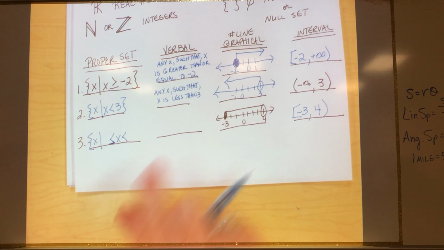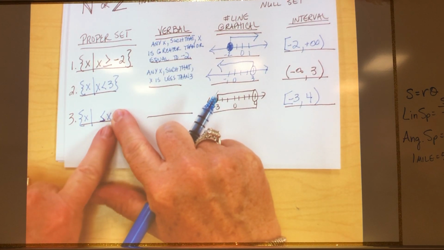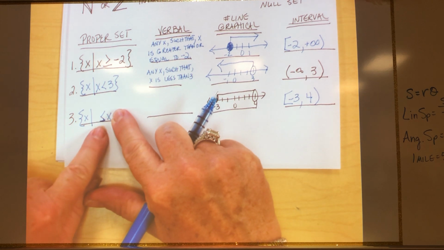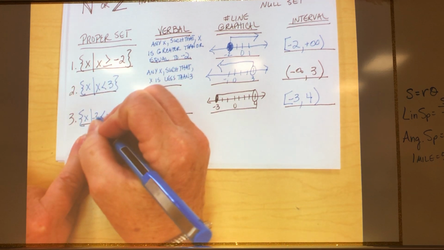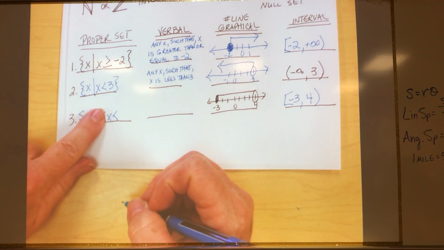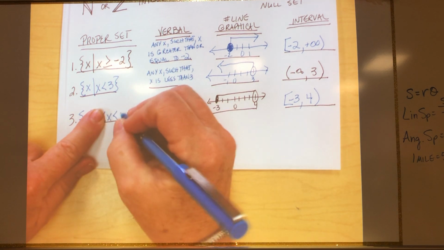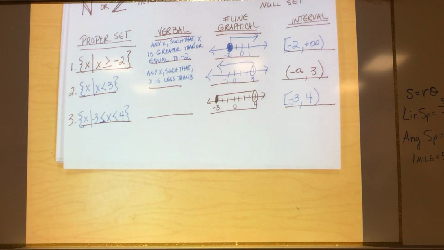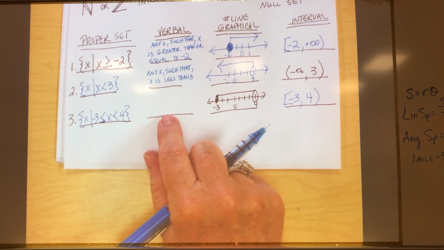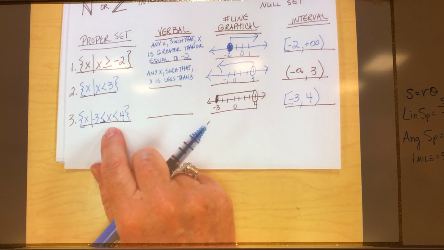Now watch what it says. Don't just forget about this and read from the variable. X is greater than or equal to what? Negative 3. Over here, x is less than what? 4. And close that little brace off. When we write the verbal of it, the most important word that I'm looking for is that word and. That is an and statement.